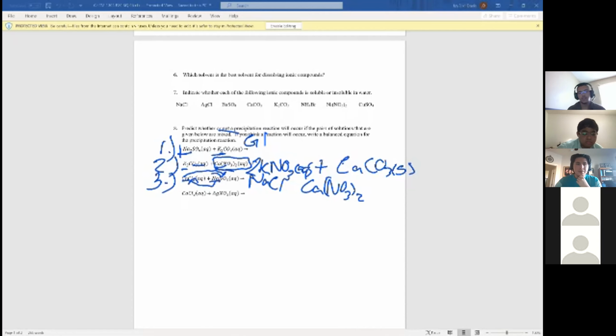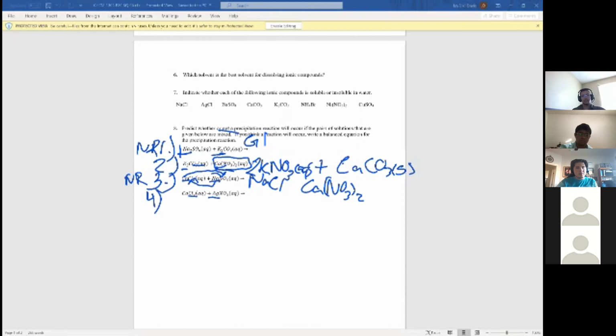Okay. Yeah. You're basically seeing whatever's on the left side, the metal, with whatever's on the right side, the other compound. So we know that both of these are soluble now. So no reaction. Number 4.